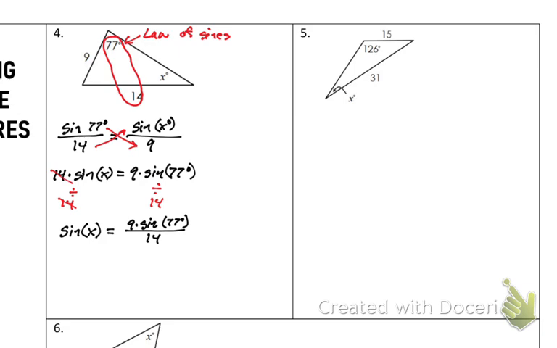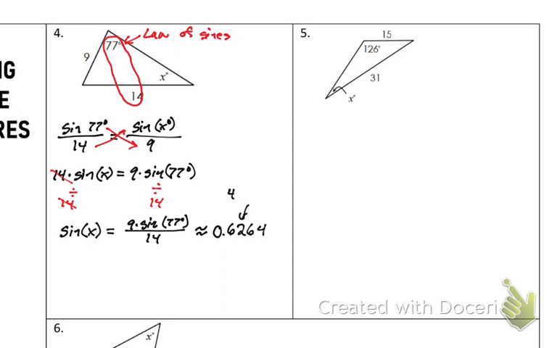So here we're going to do 4 decimals. I'm going to type in 9 times sine of 77 degrees divided by 14. And I'm going to give you what I got out, just so you can see how I'm doing this. I'm going to get out 0.6264.